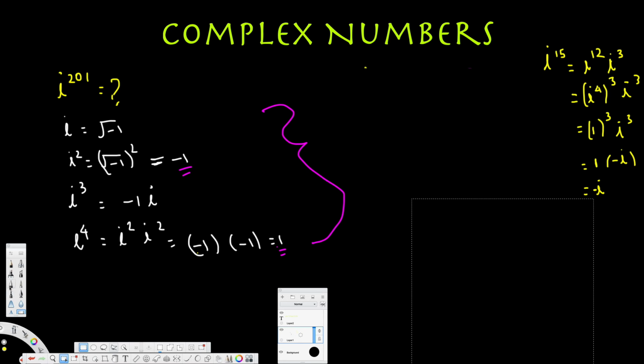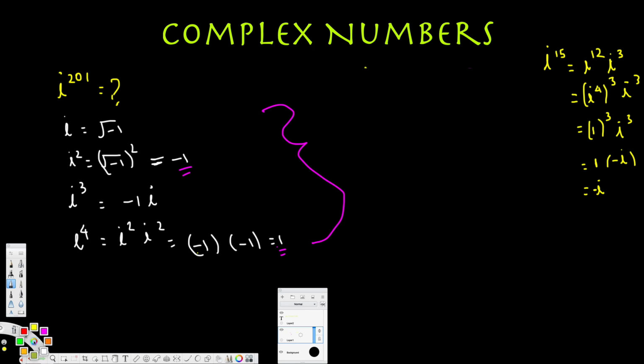Okay, now let's look at another example. Let's say we have a number that is i power 29. Some simple things you can see: i power 12 is a multiple of 4 close to 15, so we took 12 and 3. But for 29, what are we going to do?